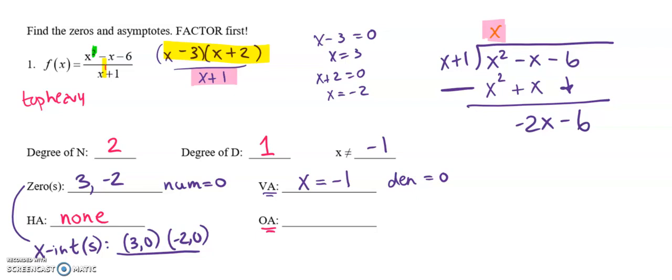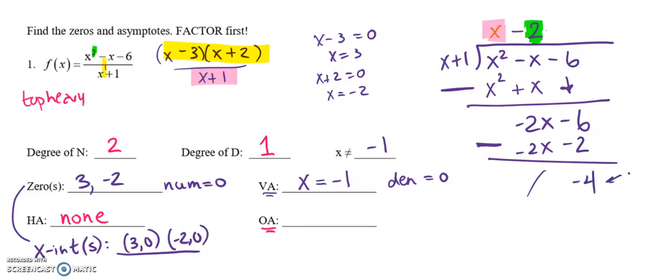Then what? X times what gives us negative 2x? X times negative 2. Multiply, we get negative 2x. Multiply again, we get minus 2. And again, that's a giant subtraction. Negative 2x minus negative 2x is gone. Those get eliminated. Negative 6 minus negative 2 is really negative 6 plus 2, which is negative 4.